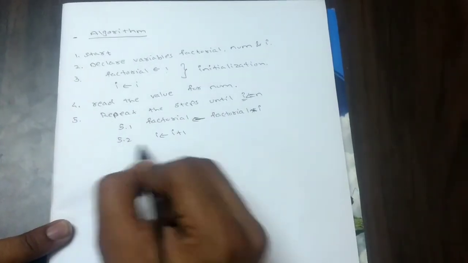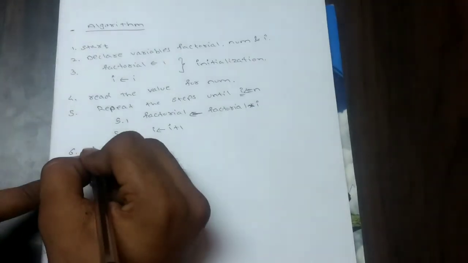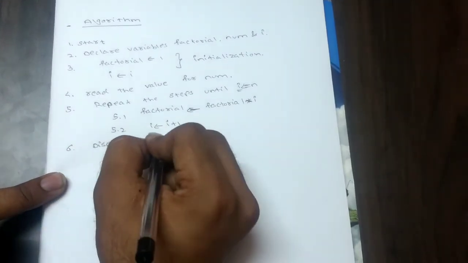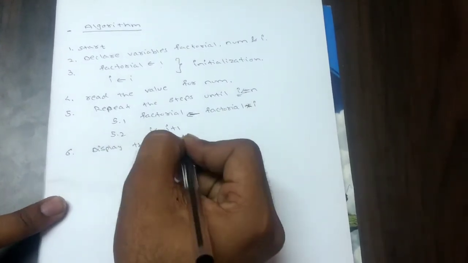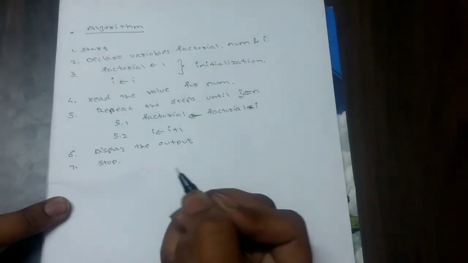So this is where our operation is done. And the sixth step would be, as usual, displaying the output, and the seventh step is stop, that is we end our execution.